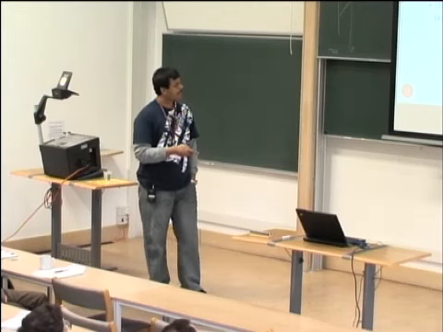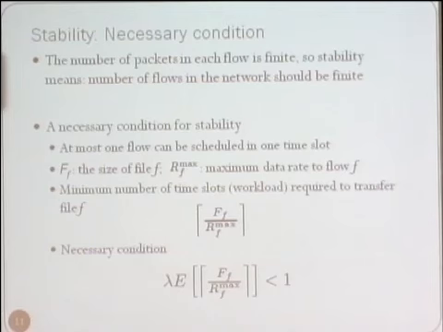Which means the amount of work you're bringing into this network, where lambda is the number of files per time slot arriving into this network, and this is the number of time slots it takes per file, because this is the expectation over files, therefore this has to be less than 1. So this is the necessary condition for stability in a single channel network. It's very simple, right?